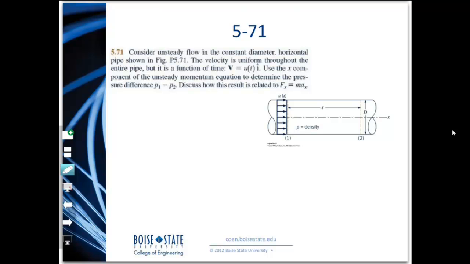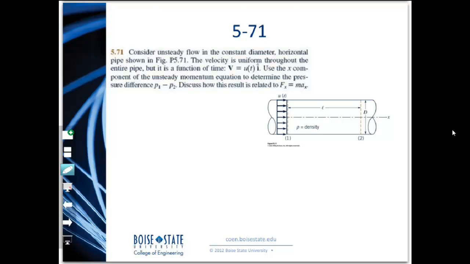Consider unsteady flow in the constant diameter horizontal pipe shown in the figure. The velocity is uniform throughout the entire pipe. That means you cut across any cross section, it is the same velocity. But it is a function of time, which we haven't done in a lot of problems till now.